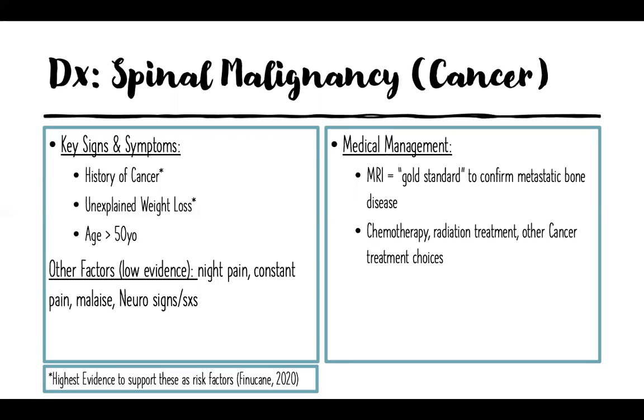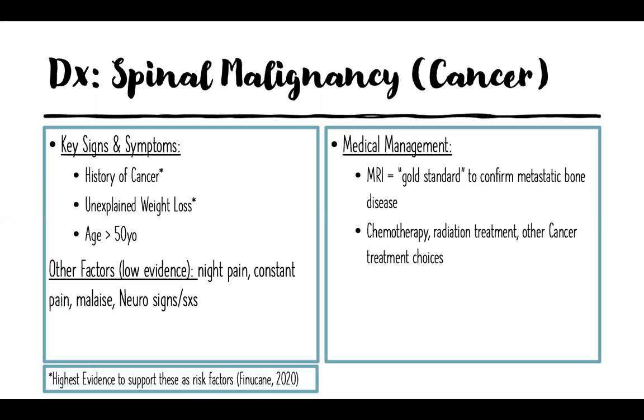Other factors that increase our suspicion could be night pain, constant pain, malaise, or some sort of systemic symptom besides just a musculoskeletal pain complaint, and neurologic signs and symptoms, which might be more indicative of that metastatic spinal cord compression. And always keep in mind, with our suspicion of something non-musculoskeletal, not being able to reproduce signs and symptoms upon exam, or having a funny pattern of symptoms, odd symptoms that don't really fit a clinical pattern of what we might expect for a musculoskeletal pathology.